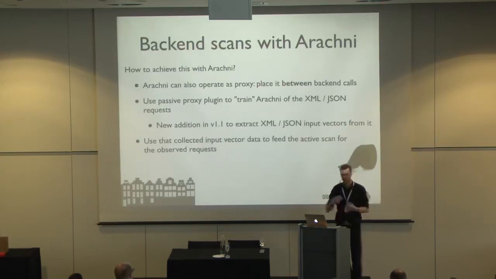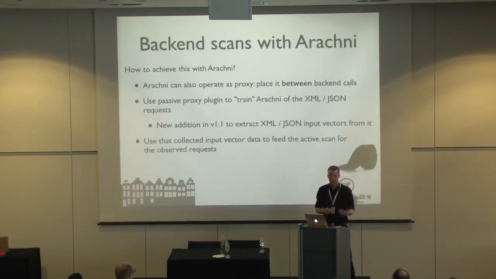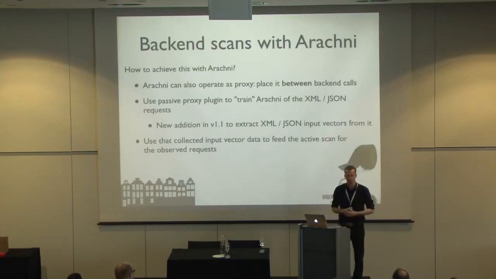So there's a passive proxy plugin available in Arachni that we can use for this. And as with the ZAP slide before, we need to drive traffic onto the system by reusing existing UI tests or by using existing service tests, so that these communication paths go through the proxy, and then we can use the collected input vector data from Arachni and feed that into its active scan as well.